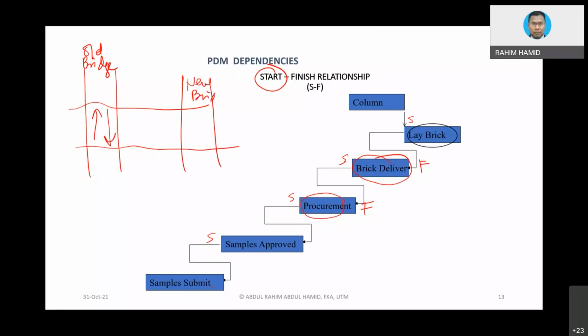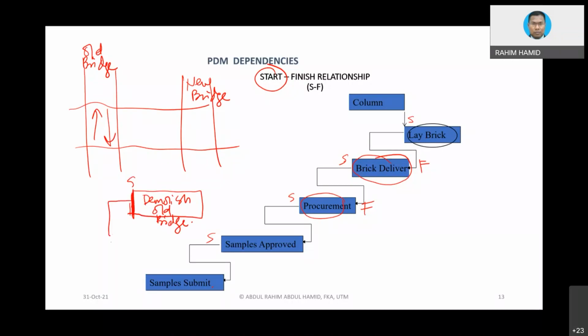So the issue is, let's say the activity is demolish old bridge. When can you start demolishing the old bridge?